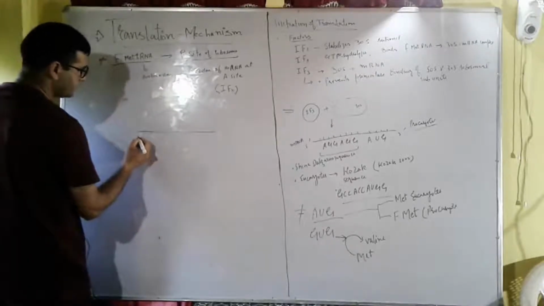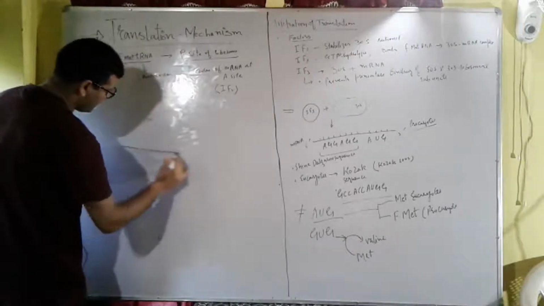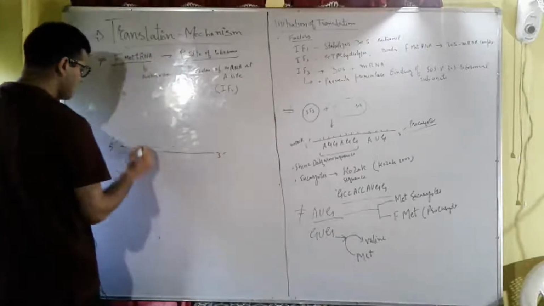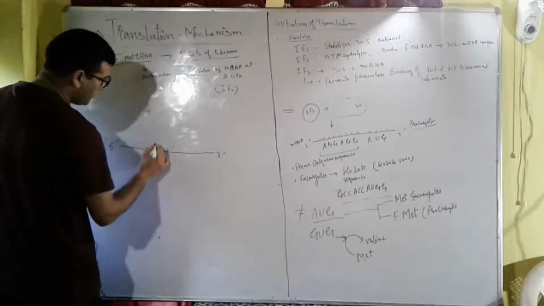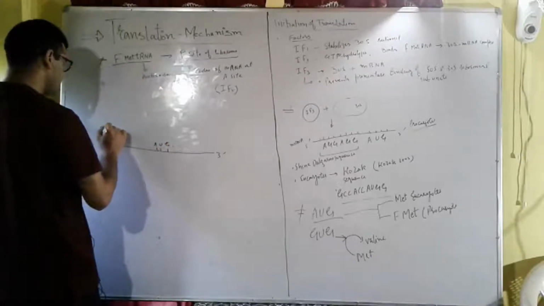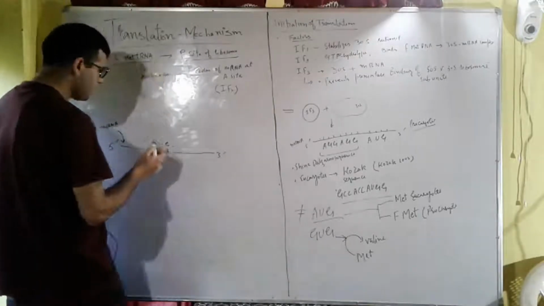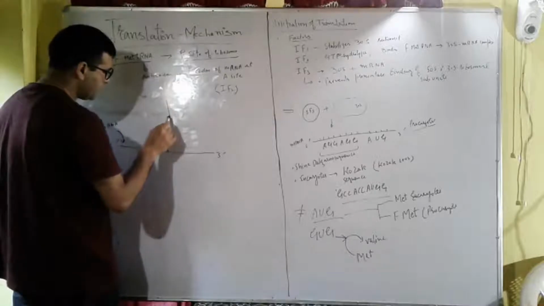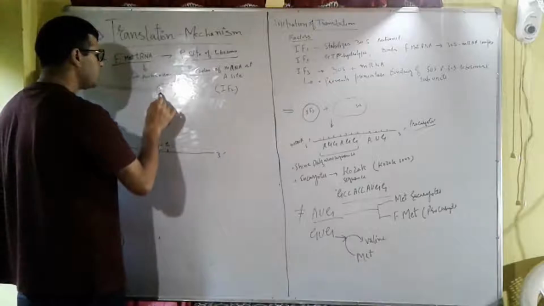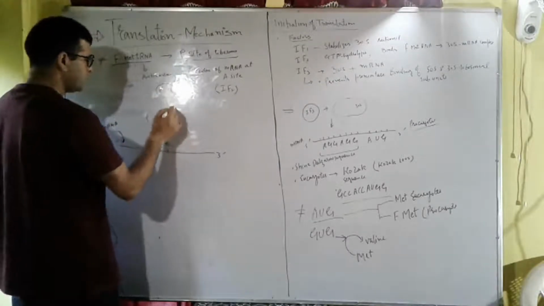We have, for example, this is 5' 3' and this is messenger RNA, and we have the initiation codon AUG. Obviously this is tRNA. It is having formyl methionine.